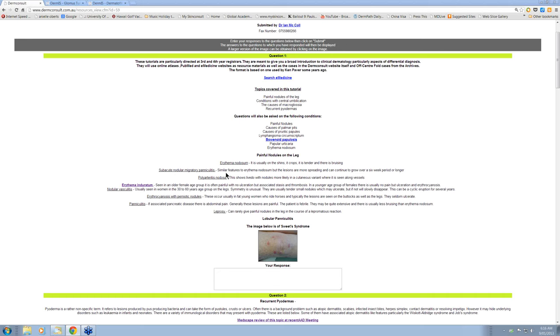Generally, in the subacute variant, the lesions are painless, or at least they're not as tender as in ordinary erythema nodosum. And typically, you don't find underlying diseases, not in the same way as you do with erythema nodosum itself.